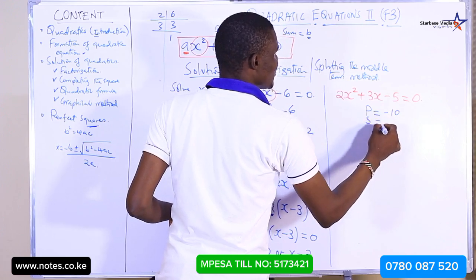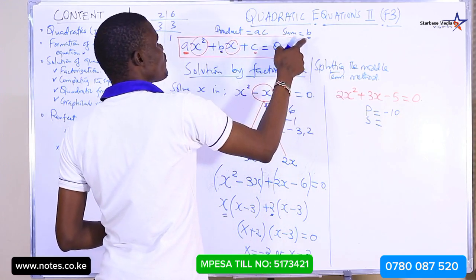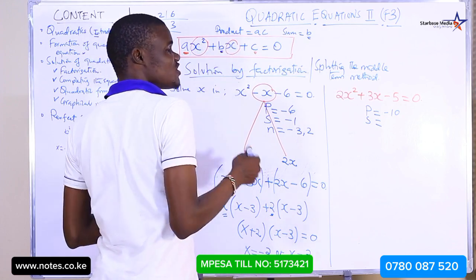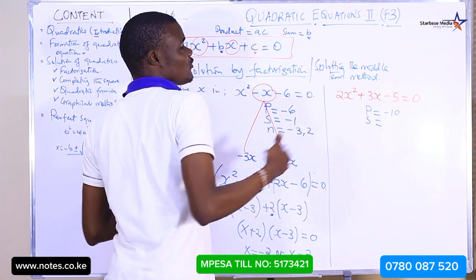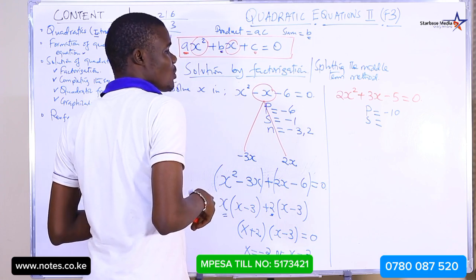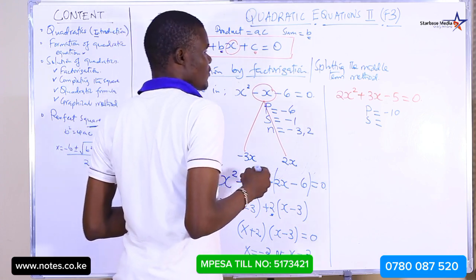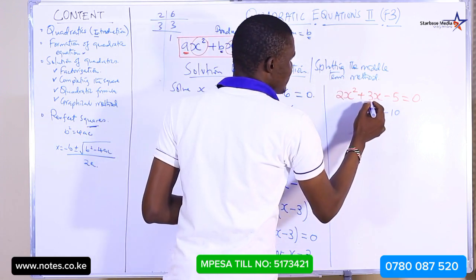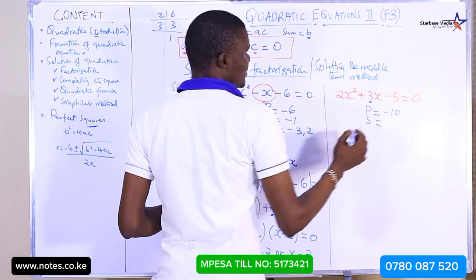Then the sum is simply the coefficient of b, the coefficient of x, which is b. Coefficient means the number that comes before the variable. When it doesn't have one, it is presumed to be either positive 1 or negative 1. That is it. So our sum will be 3.